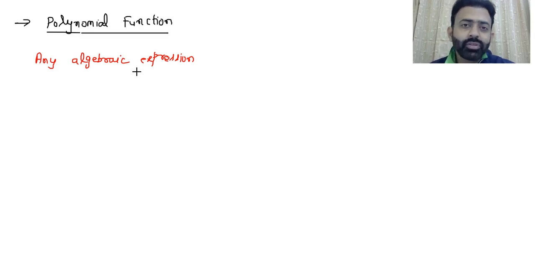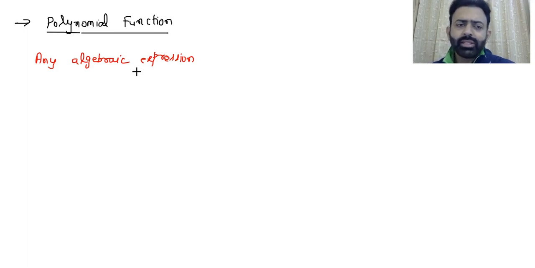There are polynomials which involve more than one variable, but here we are only dealing with functions for calculus, and whatever is in our syllabus only deals with a single variable. Single variable meaning there is only a single independent variable, which is normally x. So we are doing polynomial functions in a single variable x.